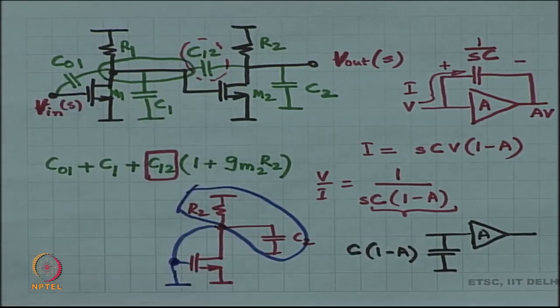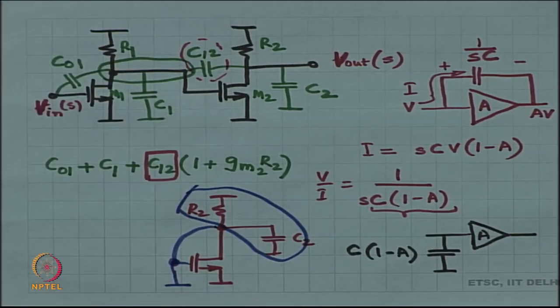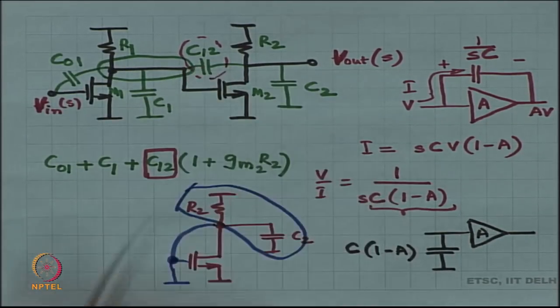C12, C01 and C1 are going to behave like short circuits. R1 is no longer relevant at these high frequencies, because C1 is a short, C12 is a short. R1 is out of the picture.